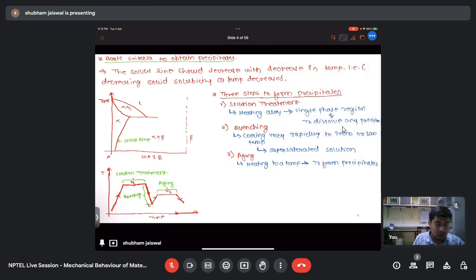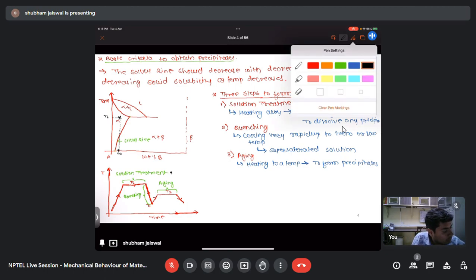If I show it in a phase diagram, let's say the composition is C naught. First, we will heat it to a single phase region at a temperature T naught. So this is solution treatment. Then we will quench it to a temperature T1.